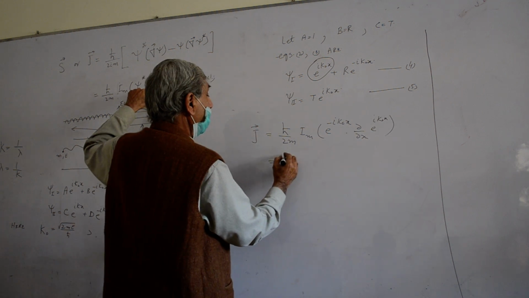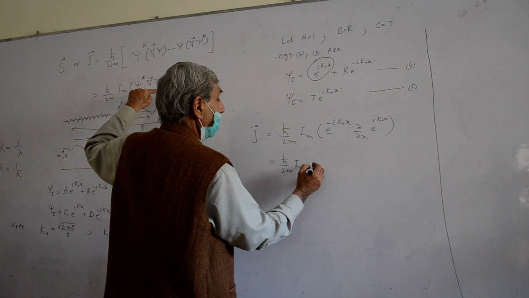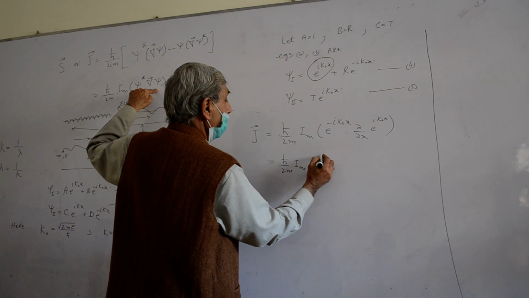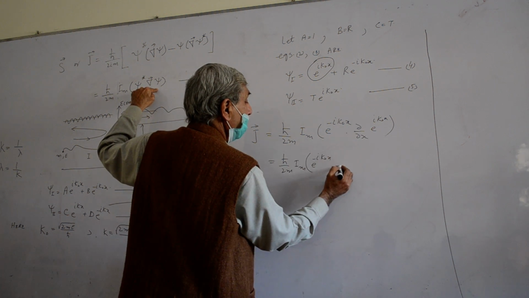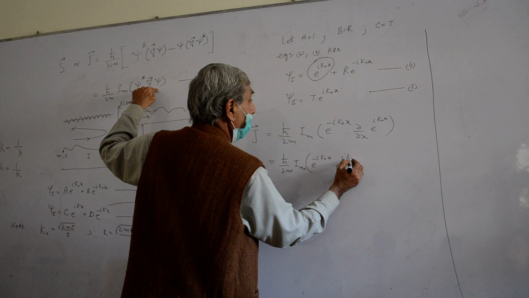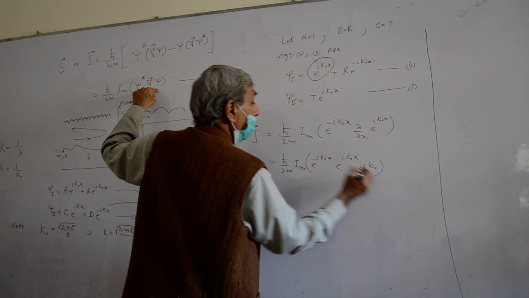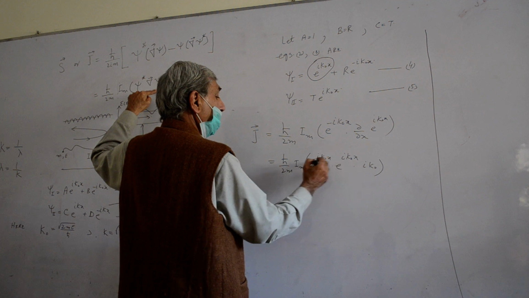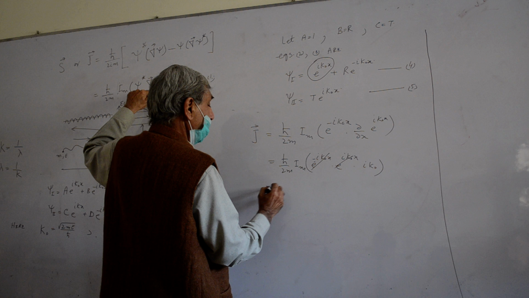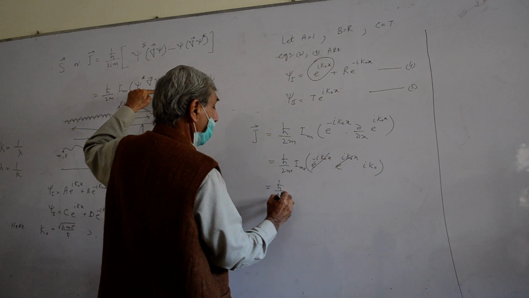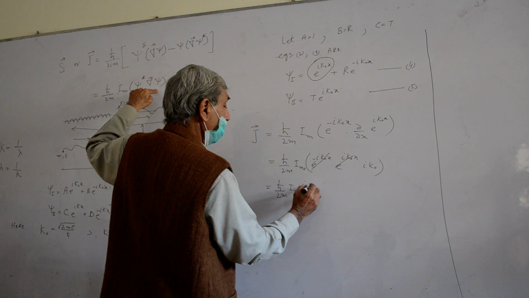And this will give you h bar over 2m, imaginary part of e raised to minus i k naught x into the derivative of this, which is e raised to i k naught x into i k naught. This will give you 1, because both have opposite sign, and you get h bar over 2m, imaginary part of i k naught.